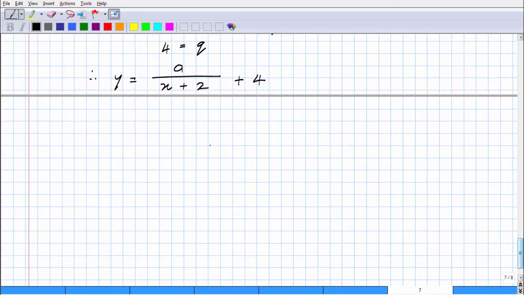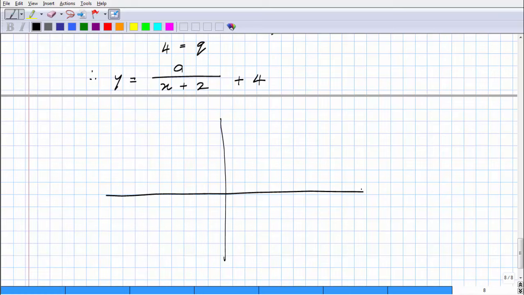If we plot it on a set of axes, we have an asymptote at 4. We also have an asymptote at negative 2. Remember I said it's the opposite, because x must not equal negative 2.